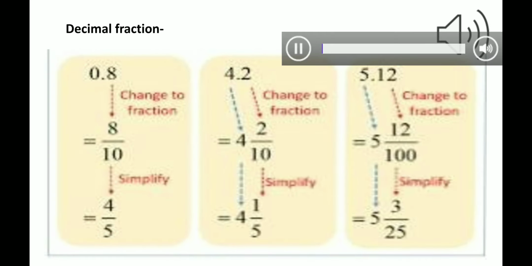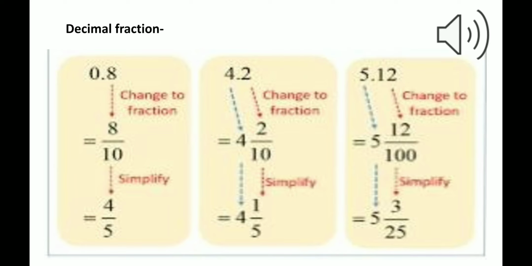Now we have another kind of fraction known as decimal fraction. Okay, now what are decimal fractions? Decimal fractions are fractions which have been converted to fractions from a decimal number. Suppose 0.8. So 0.8 is a decimal number, and when the decimal is removed, it becomes 8 by 10.